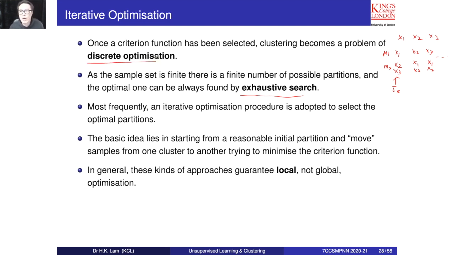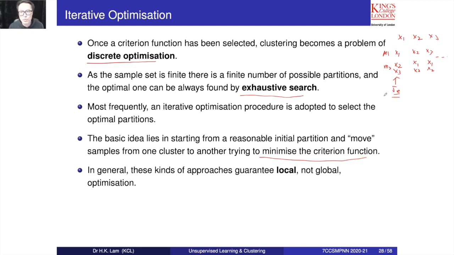But the thing is that when the number of samples increases to 1,000, 2,000, and so on, the number of combinations becomes huge. In that case, it is not easy for us to use the exhaustive search. One simple idea is that instead of using k-means clustering, moving around all the samples at the same time, we just simply move one sample from one cluster to another cluster to see if we are able to reduce the cost.